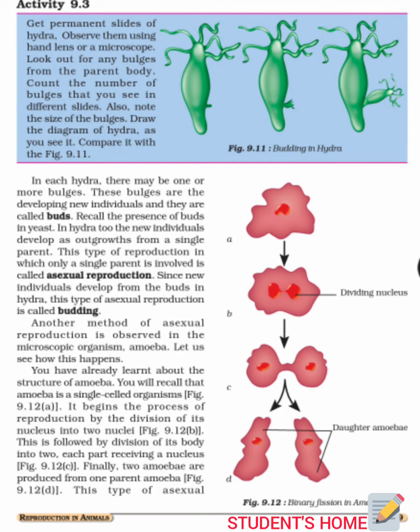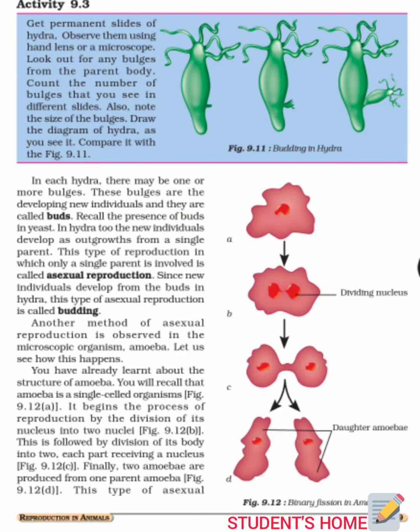Another method of asexual reproduction is observed in the microscopic organism amoeba. You have already learned about the structure of amoeba. You will recall that amoeba is a single-celled organism. It begins the process of reproduction by division of its nucleus into two nuclei. This is followed by the division of its body into two, each part receiving a nucleus.